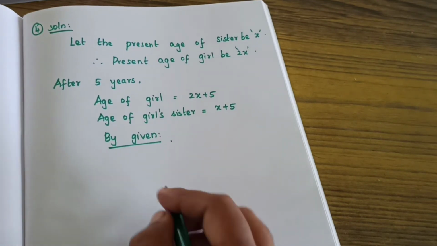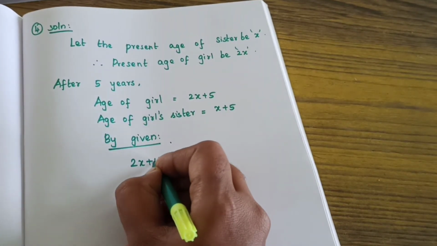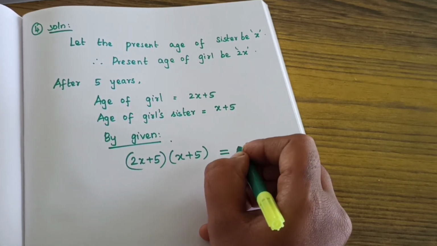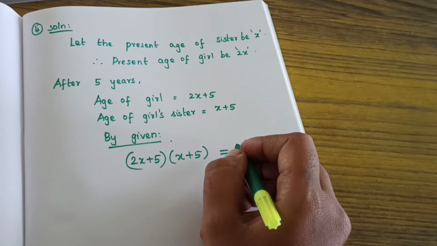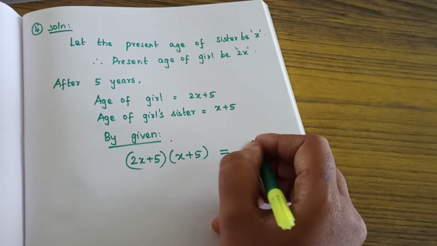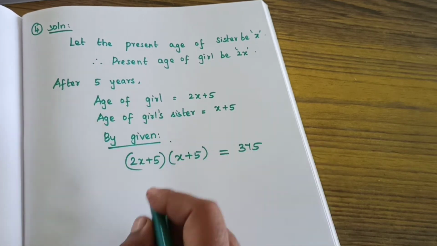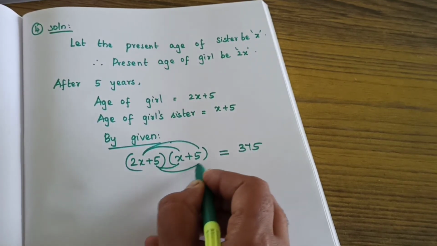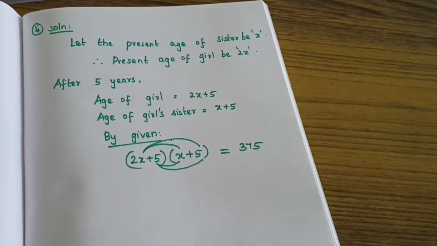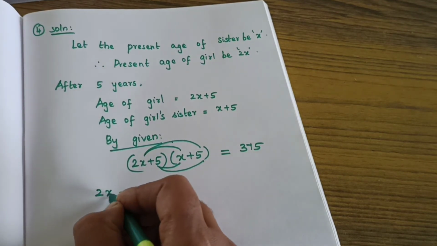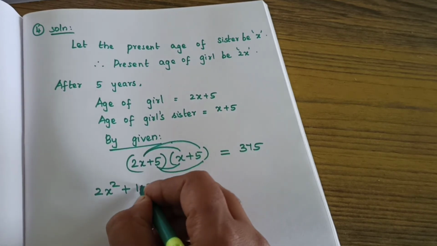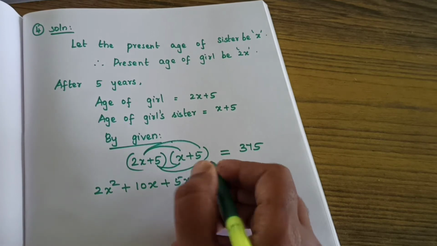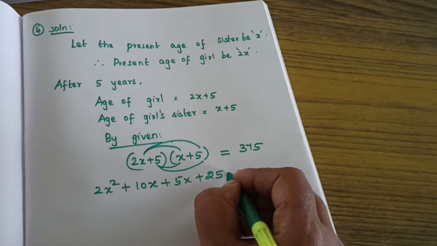So what is the data given? When we take the product, we are getting 375. Okay. Just multiply this. Bracket multiplication only. So 2x into x. What's the answer? 2x square plus, multiply this, 10x. Then this 5x plus, 5 fives are 25, and take this term to this side.